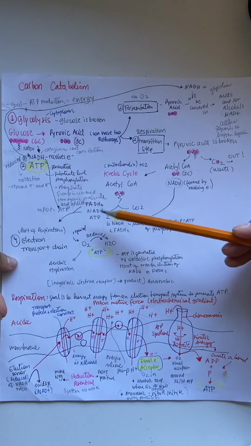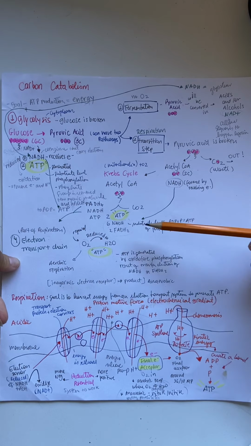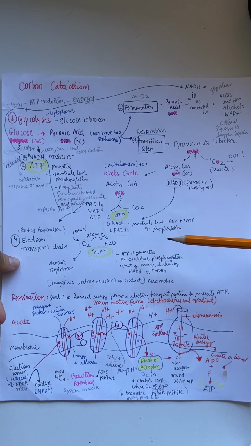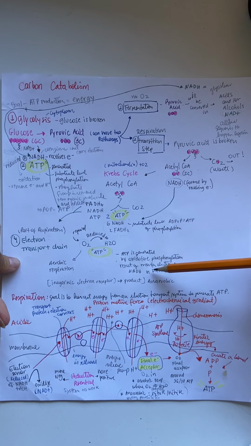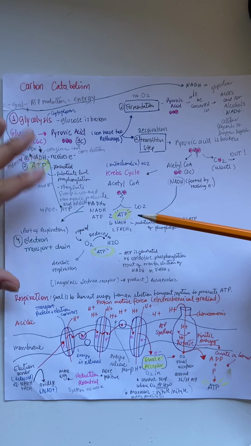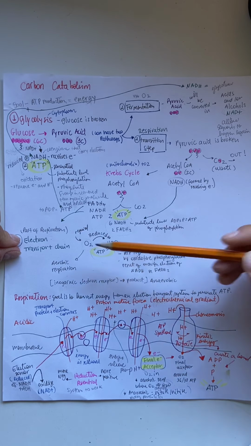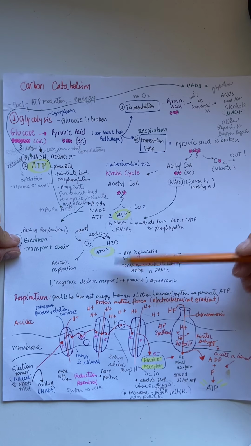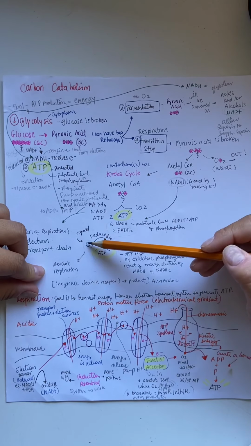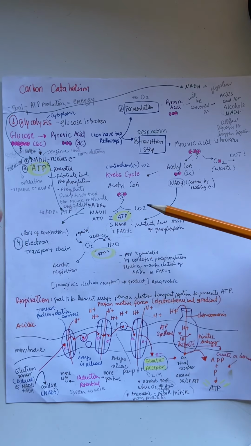It is different from the electron transport chain, where ATP is generated by oxidative phosphorylation, as a result of transferring electrons from NADH or FADH2. In the electron transport chain, oxygen is reduced to water, and this process also releases ATP. This process is known as aerobic respiration because it requires oxygen.